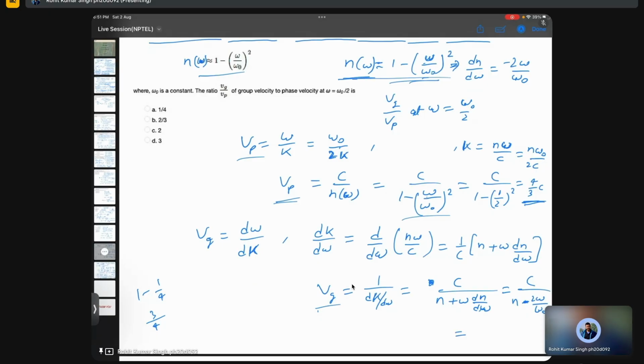And the group velocity, if you put omega equal to omega naught by 2, and n you can evaluate here at omega naught by 2, it is just minus 1, right? No, sorry, n at omega naught by 2 is 3 by 4 basically, yeah. So c by 3 by 4 minus 2 omega naught by 2, you have 1.